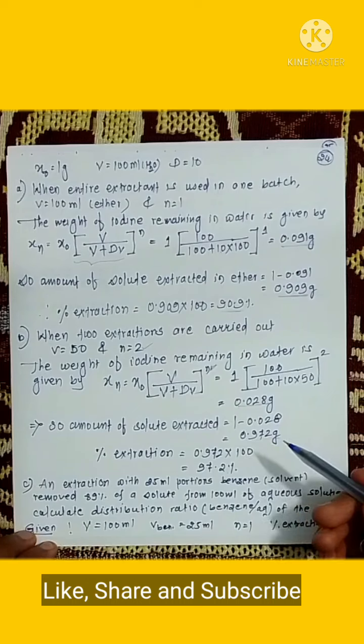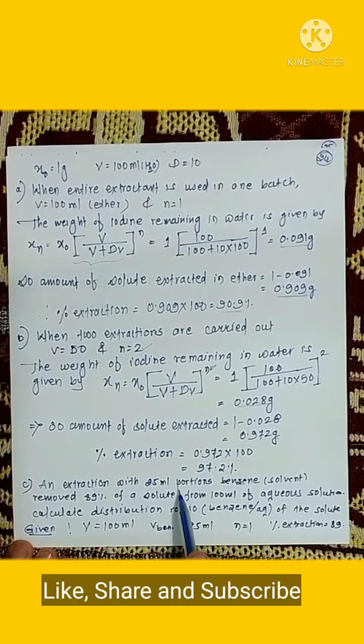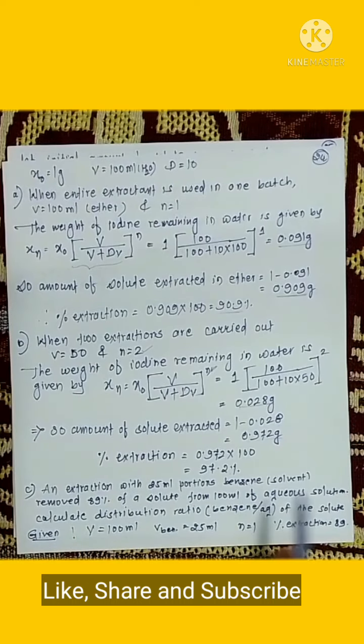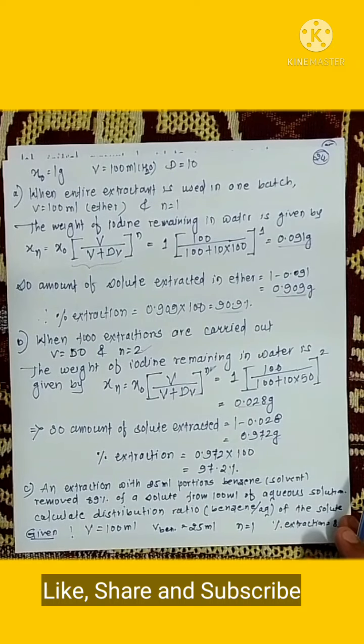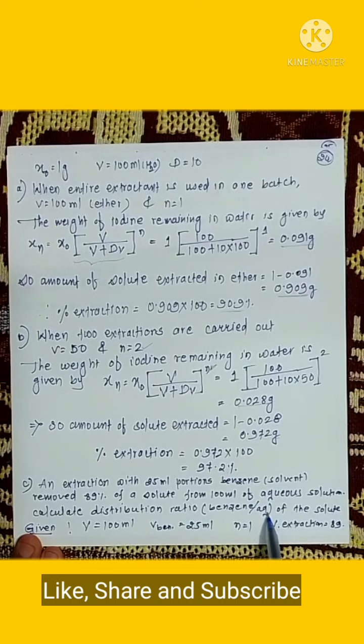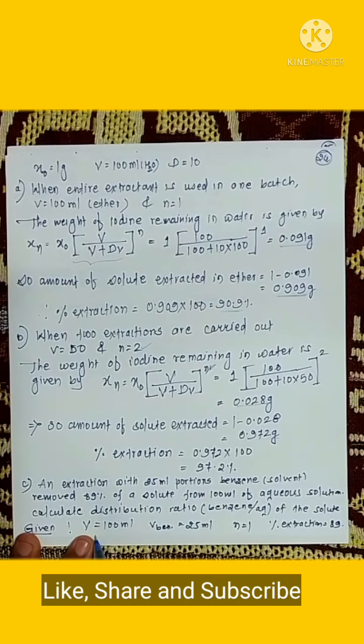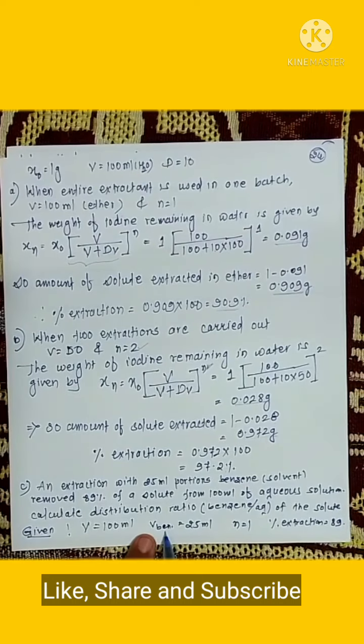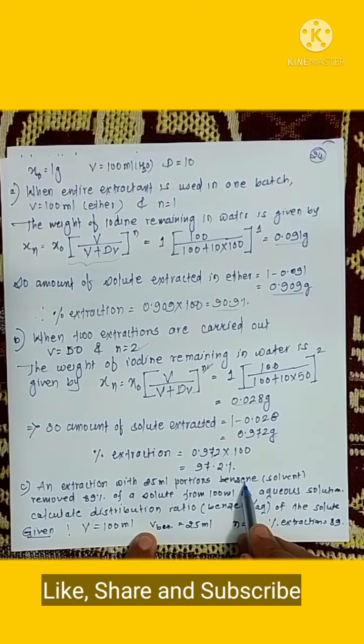Now in the third numerical, an extraction with a 25 ml portion of benzene, that is the solvent, removes 89% of solute from 100 ml of aqueous solution. Calculate the distribution ratio, benzene to aqueous layer, of the solute. So capital V is equal to 100 ml, small v, that is the volume of benzene, is given as 25 ml.